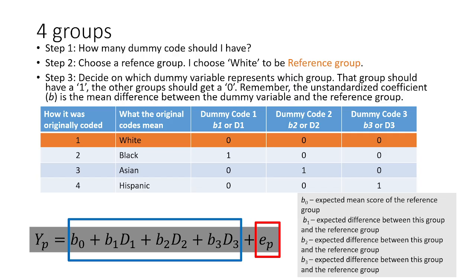So if you don't do the dummy code in this sense, like basically, if you're Hispanic, you're up at 4. I don't know how you're going to interpret that. If you threw this in, yeah, 1, 2, 3, 4.